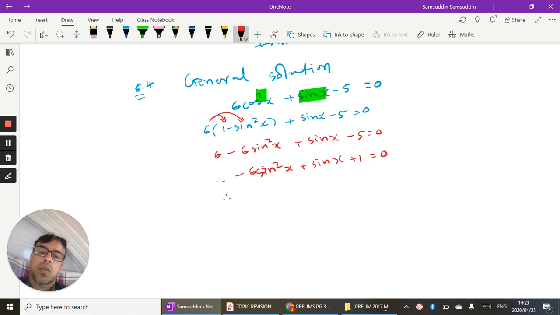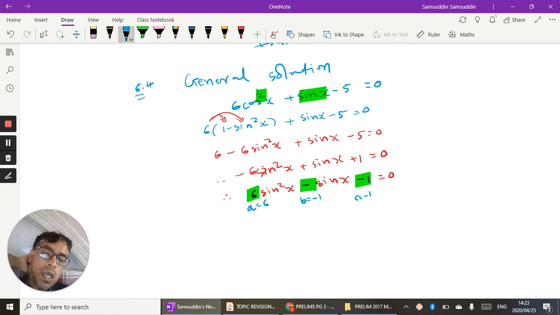Divide by negative 1 on both sides, so everywhere I'll get 6 sine squared x minus sine x minus 1 equals 0. Here I can do factors, or I can use the quadratic formula. This is my a equals 6, b equals minus 1, and c equals minus 1. Then I'll get the quadratic formula, and I might get the values of sine x. Or I can factorize it.